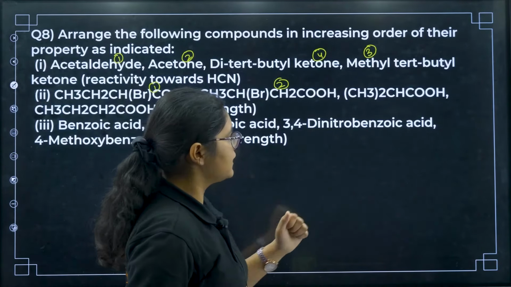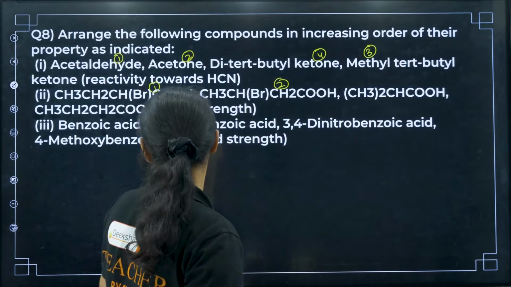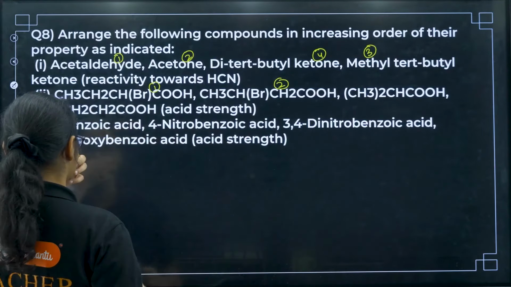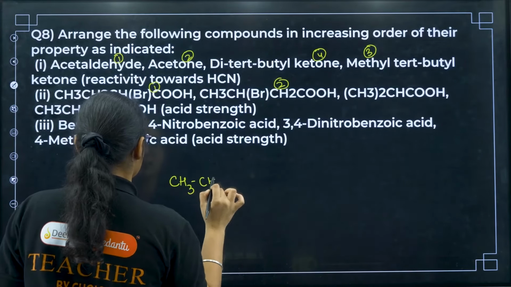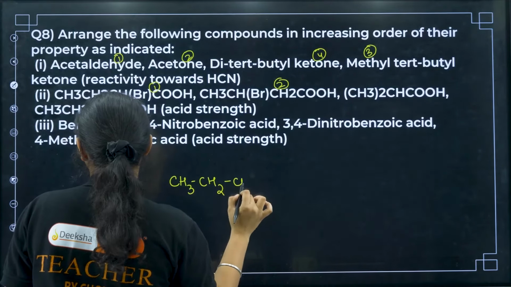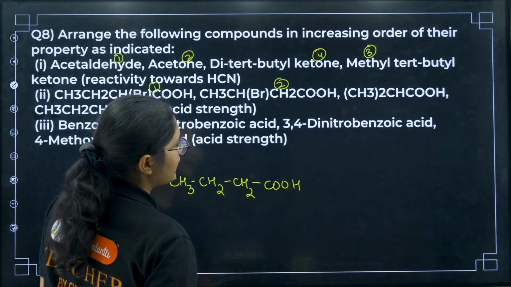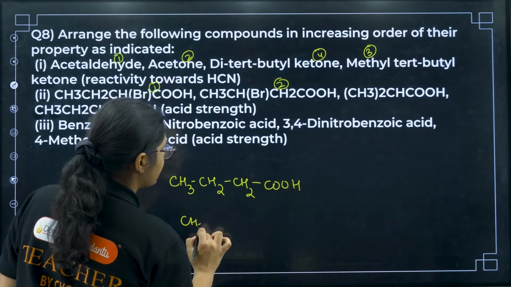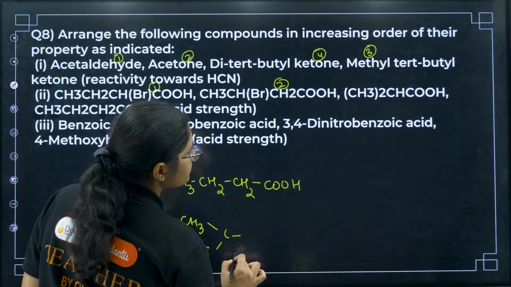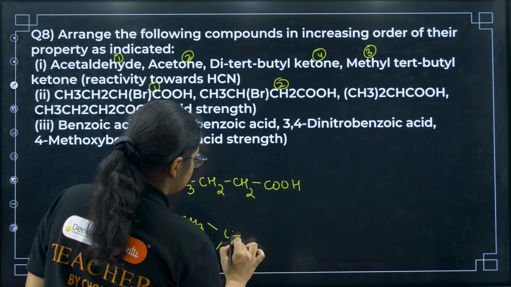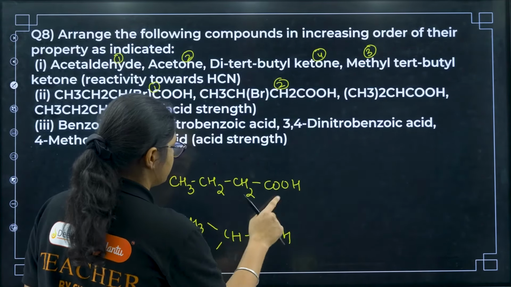Now here we have CH3, CH, COOH, and CH3, CH2, CH2, COOH. Let me just draw the structure. This one is CH3, CH2, CH2, COOH, and here it is CH3, CH(CH3), COOH, 1, 2, 3, 4, 1, 2, 3, 4.